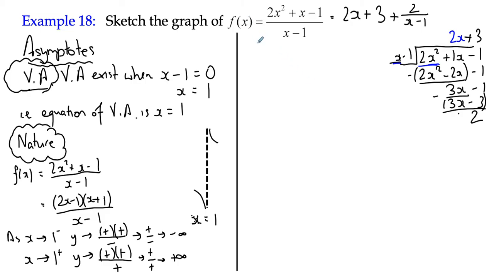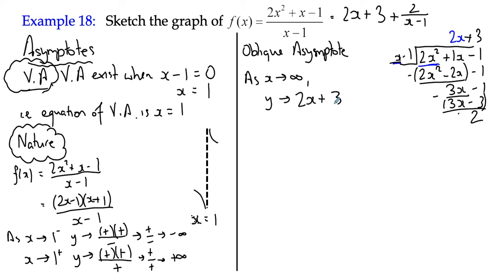So what we can say with regards to that is that, looking at the oblique asymptote, as x tends to a very large number, the y coordinate is going to tend towards just 2x plus 3, because effectively that fraction 2 over x minus 1, as x gets very large, 2 over a million minus 1, is going to be a tiny, tiny number.